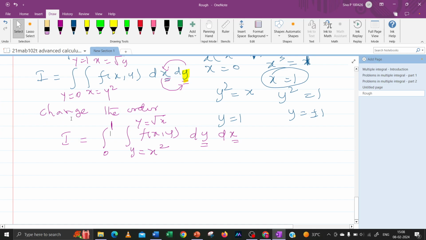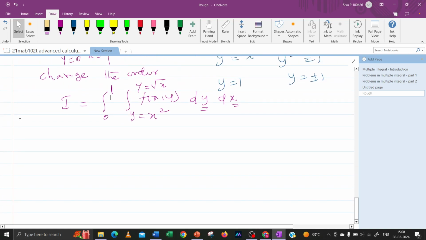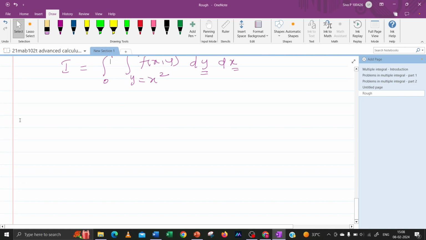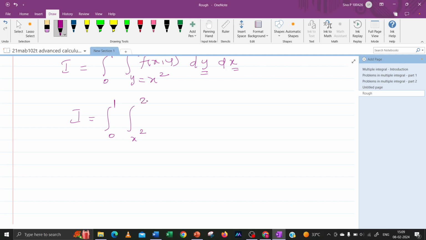In case, how can you identify whether the given double integral is proper or not? Even in the examination, if they are given in the wrong order, we have to change to the right order. For example, I equal to integral over 0 to 1, integral over x square to 2x of f of x comma y, dx dy.